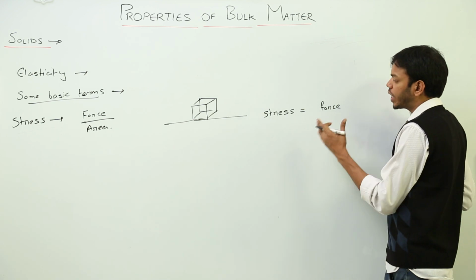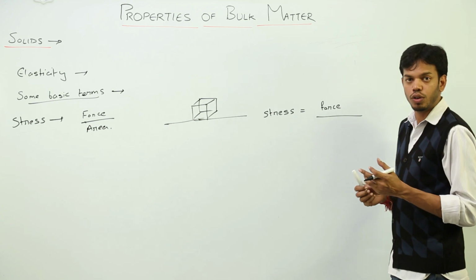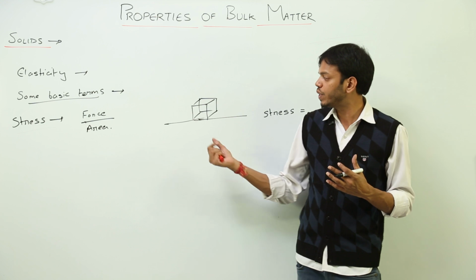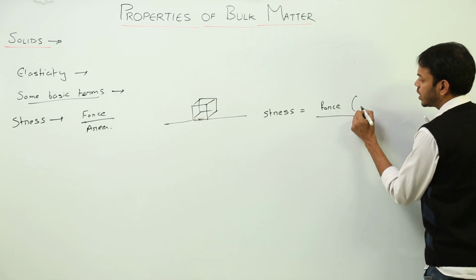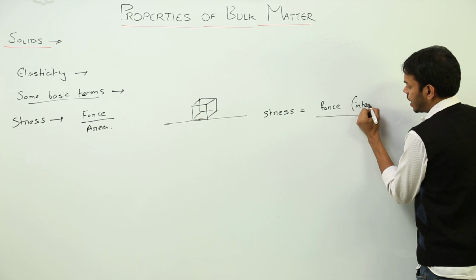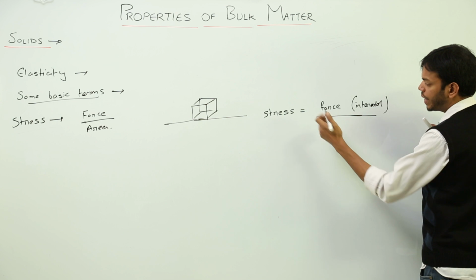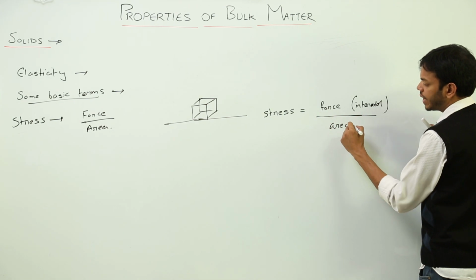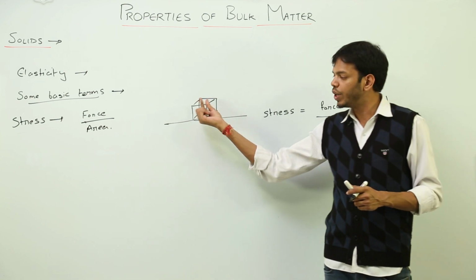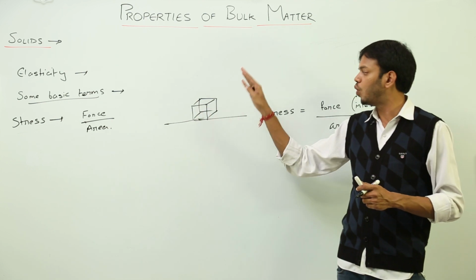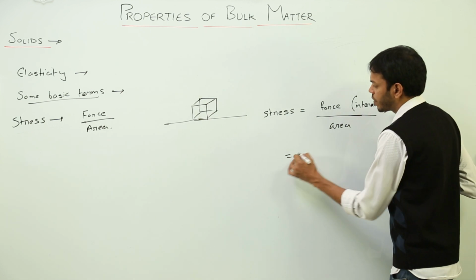So what type of force would it be? It is a force which is developed internally in this body. So internal force upon per unit area, upon area. That means we have to calculate this value per unit area of the body. We're not talking about the whole body upon the whole area, right?